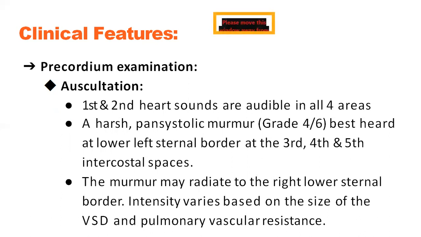The murmur may radiate to the right lower sternal border. Intensity varies based on the size of the VSD and pulmonary vascular resistance. A murmur due to increased pulmonary pressure might also be heard.